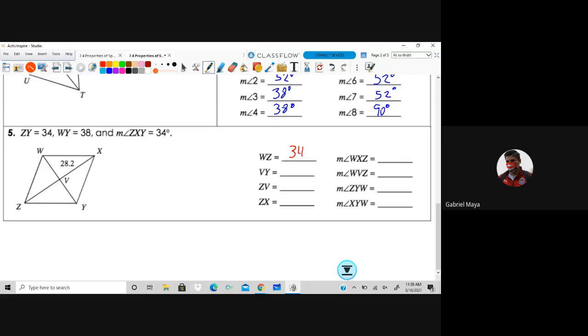Okay, what about VY? 19. Where's VY? Yeah, because WY is 38, and V is the midpoint, so VY has to be half of it. Very good.